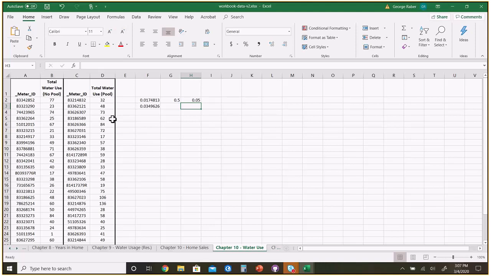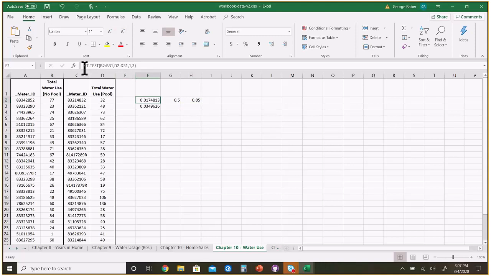Yes, the null hypothesis is people with pools use the same amount of water as people without pools. And the alternative hypothesis in this case was that the people without pools use more water than the people with pools. Or sorry, the other way around. That wouldn't make any sense. People with pools use more water than people without pools.